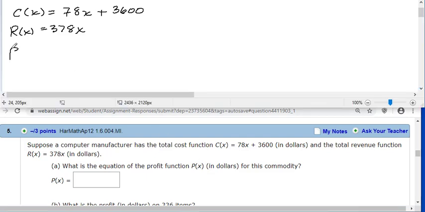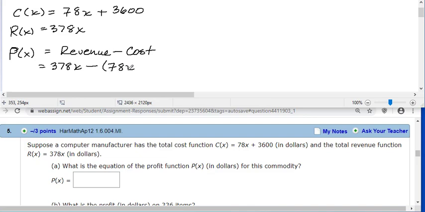So profit, we know that profit is revenue minus cost. So I'll fill in the revenue function, which is 378x. Take away, make sure that since the cost function has two terms, you need parentheses around this. 78x plus 3,600. Distribute the negative through. 378x minus 78x minus 3,600.